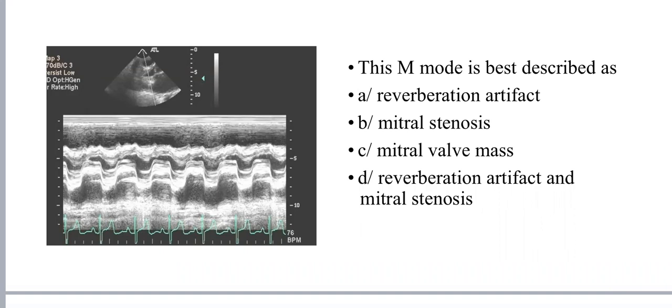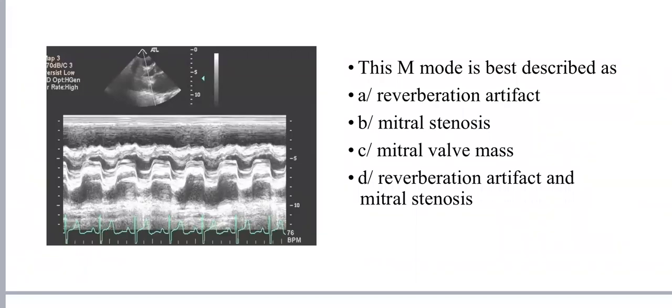Yes, D is the right answer, because what we actually see here is not just the mitral stenosis, but the effect of calcification inducing reverberation and shadow artifact, okay? And whenever you have calcium, you will get that much of blooming artifact or exaggeration of the calcium because of the reverberation, okay?